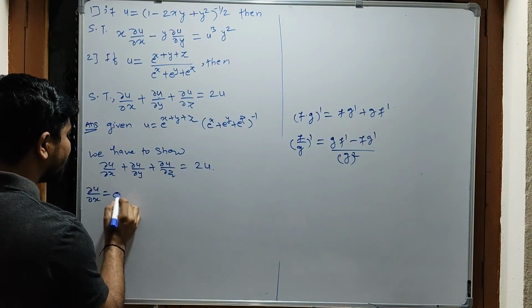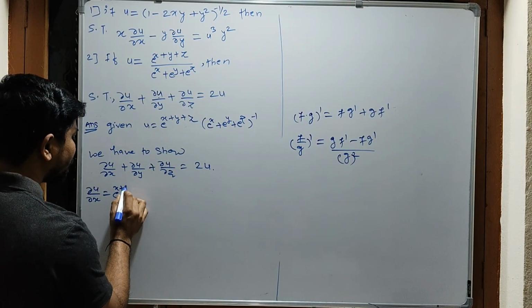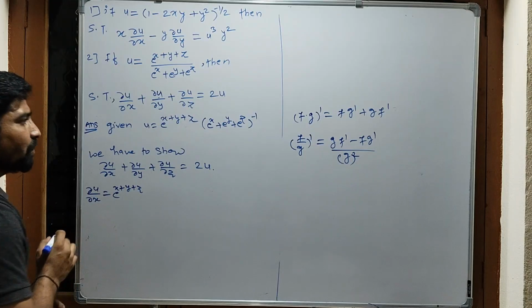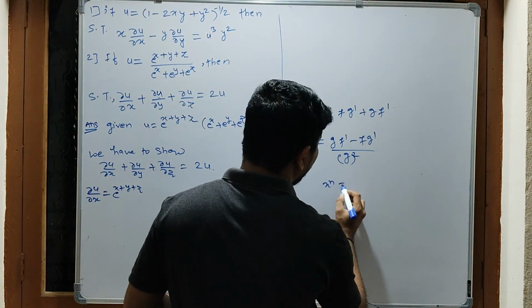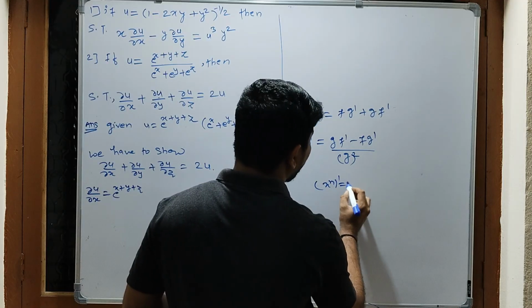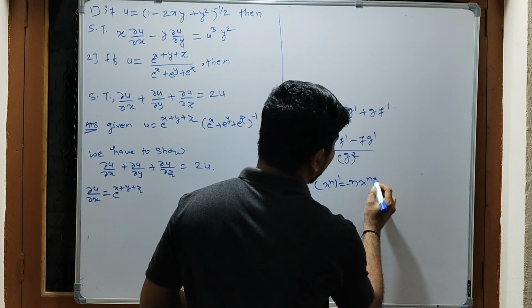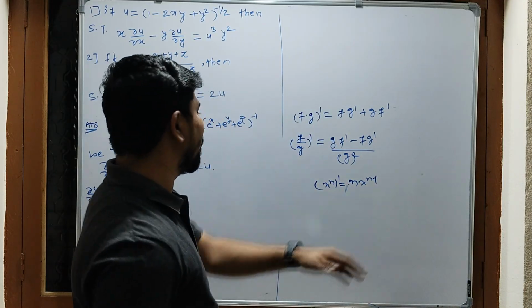Now here first as it is, e to the power x plus y plus z, into derivative of this second. So here derivative of x to the power n equal to n times x to the power n minus 1.